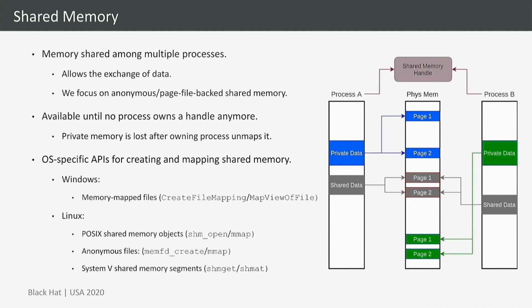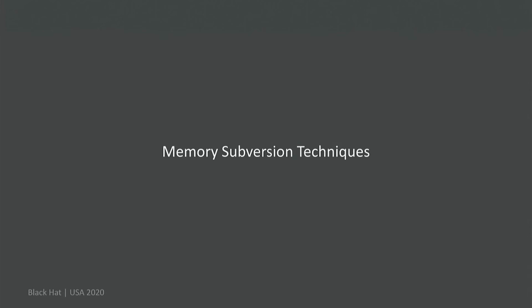So if it's not part of any process anymore, not mapped in any virtual address space, it can still be resident in the physical memory and can still be remapped as long as at least one process has a handle to the shared memory. So that's something to keep in mind. And there are different ways to create shared memory. On Windows, there's especially this API sequence. On Linux, there are at least 3 different ways to create shared memory that we had a look at, and we will see later.